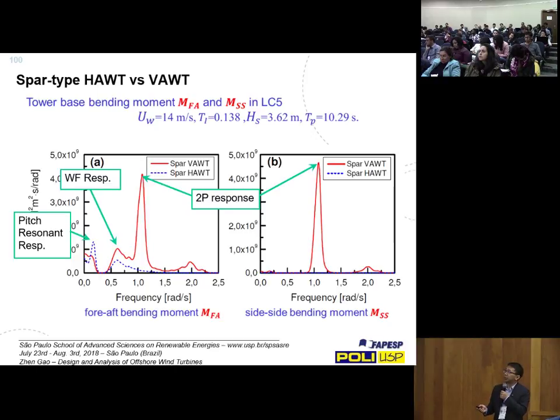You can see that this 2P effect is quite significant here. Otherwise, wave-frequency motion or slowly varying motion are more or less similar. But if you look at the side-to-side bending moment, you do not see any response for the horizontal axis wind turbine, because there is very small side-to-side excitation from the wind turbine. Whereas you get quite large excitations for the vertical axis wind turbine. That is of course also a challenge for designing, for example, the mooring system.